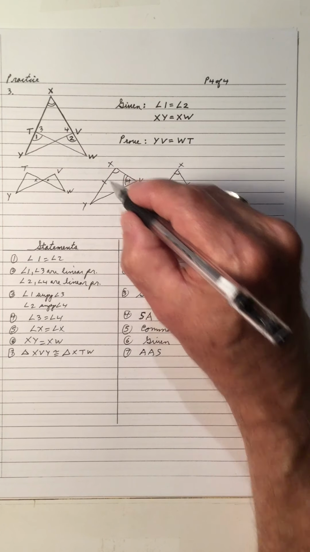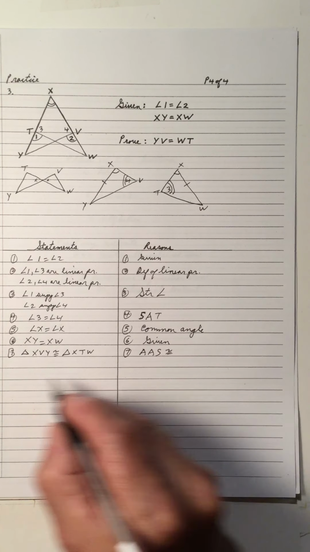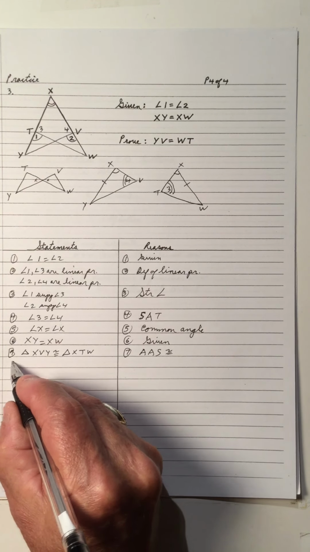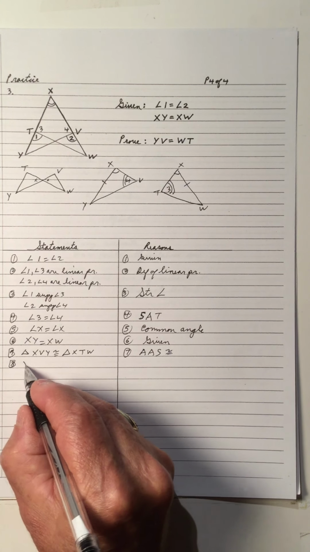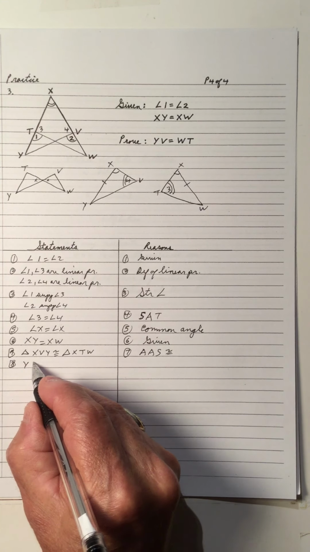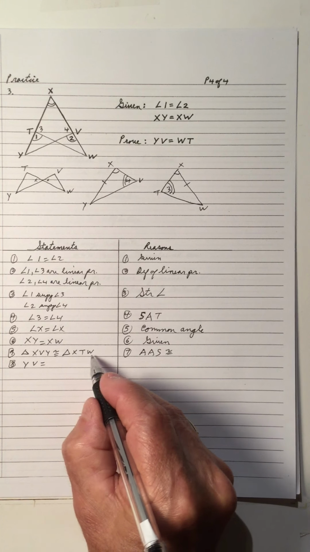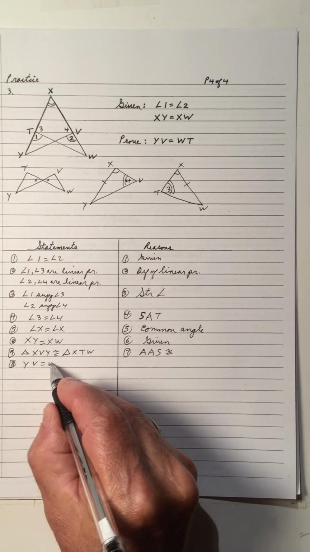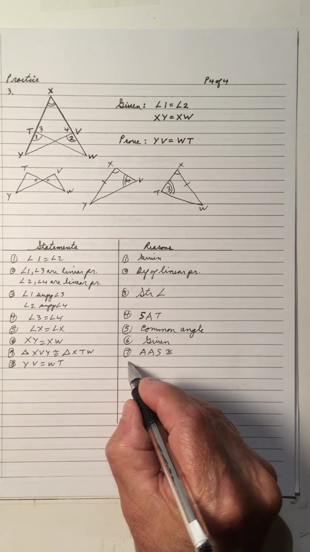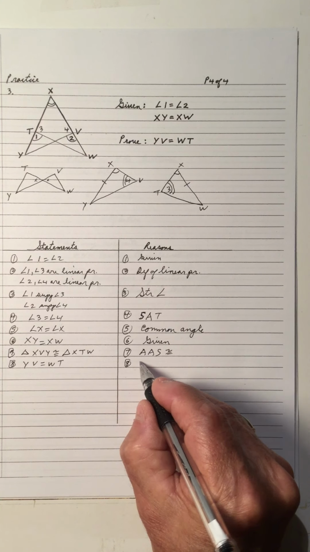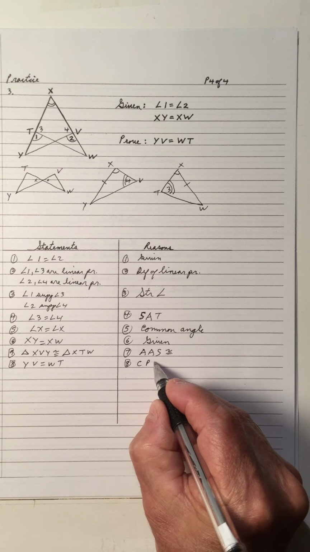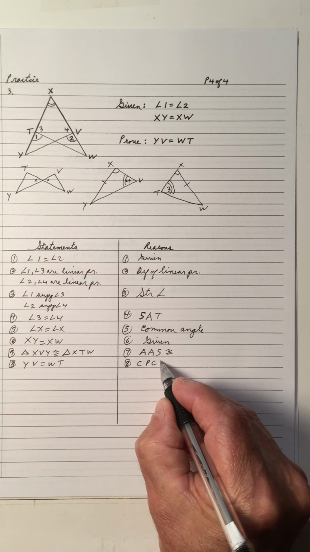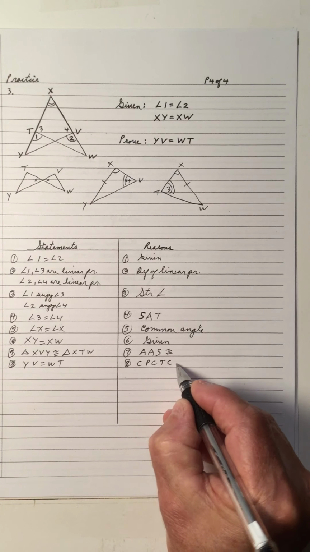Angle, angle, side congruency. And that makes it that YV is equal to WT. And it's corresponding parts of congruent triangles congruent.